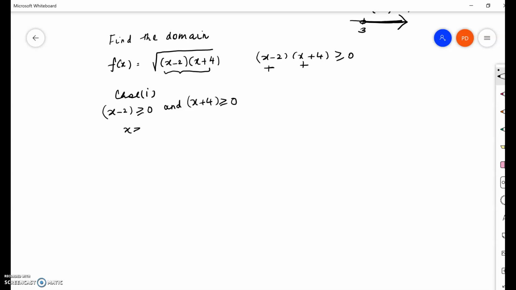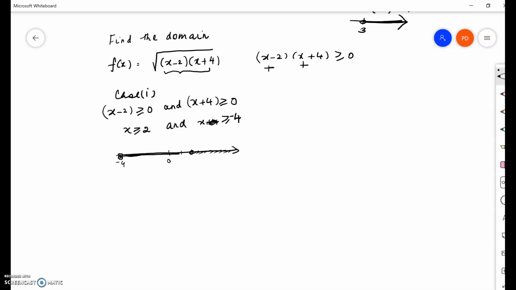So that is x greater than or equal to 2 and x plus 4 is greater than or equal to negative 4. So x has to be greater than or equal to 2. So if that's a 0, that's a 1, 2. And x is greater than or equal to negative 4.